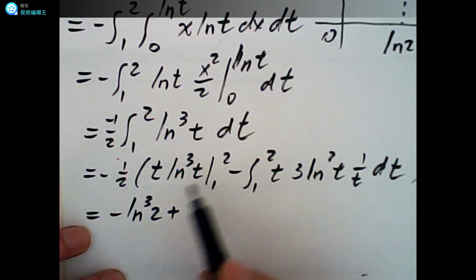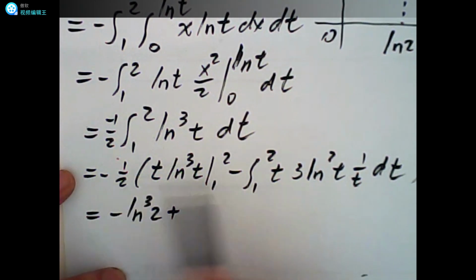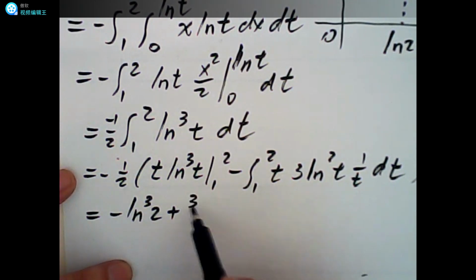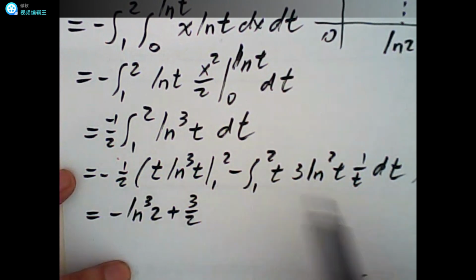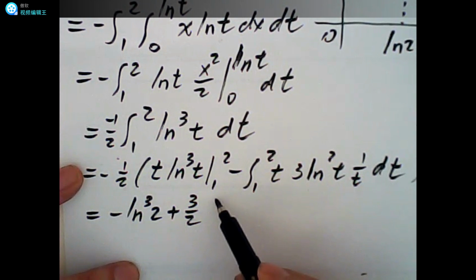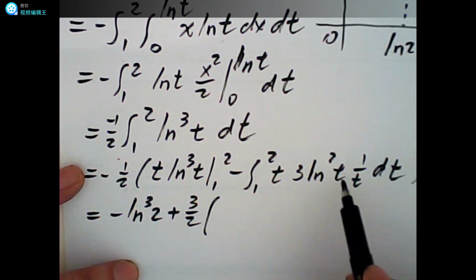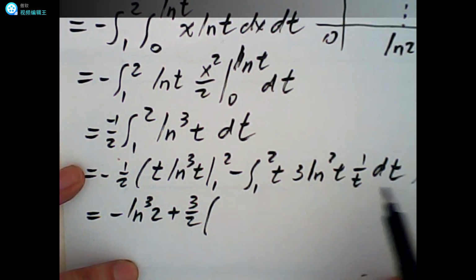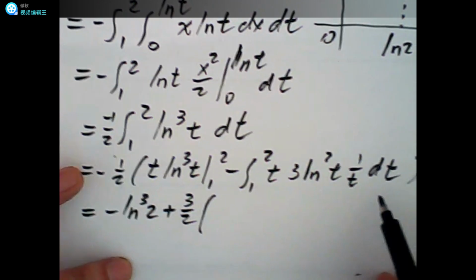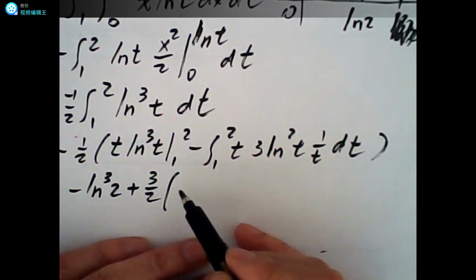Log 1 is 0, therefore it's gone anyhow. Then this one times this one is 3 over 2. You can change it positive. And t cancels out. It says integral of log square t dt. Use by parts again.